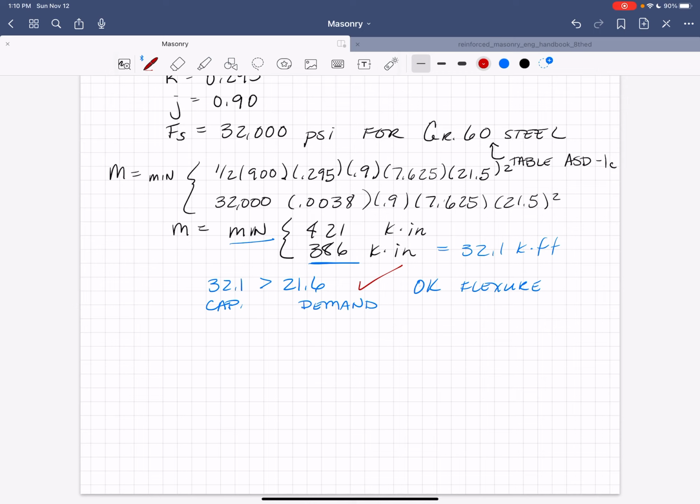Since our controlling case is the M sub S value, so the steel controlled, and it's an under reinforced beam, which is what we like to have in reinforced concrete design, but here we're allowed to have either. These two numbers are pretty close, and it's pretty close to balance.